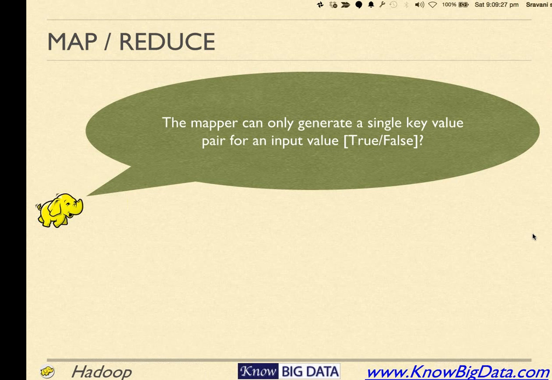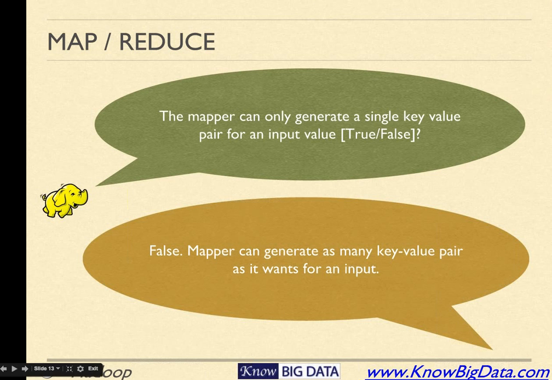If you remember, our mapper in case of word count generated how many key values for each line? Only one or multiple? Great. So everybody, yes. So it's false. Mapper can generate as many key value pairs as it wants.